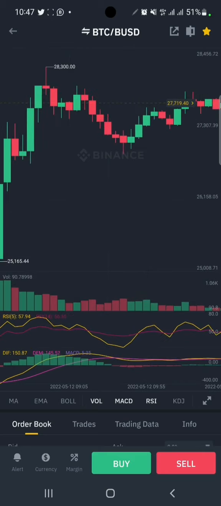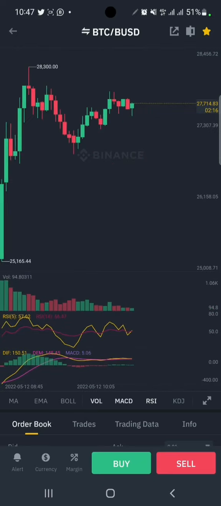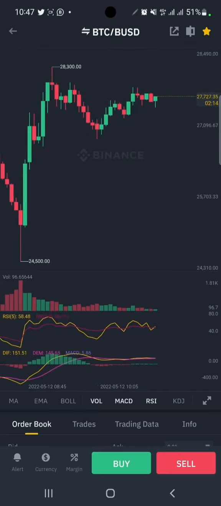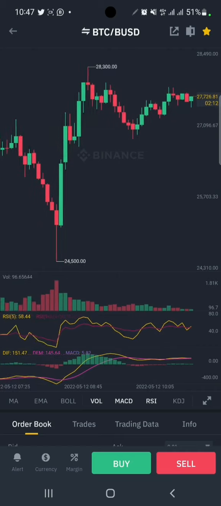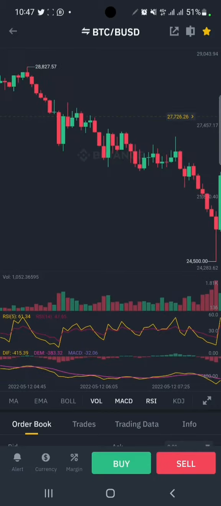There's now a reversal. But because of the way the market is going at this point in time, it's not giving you a very distinct, clear indication.